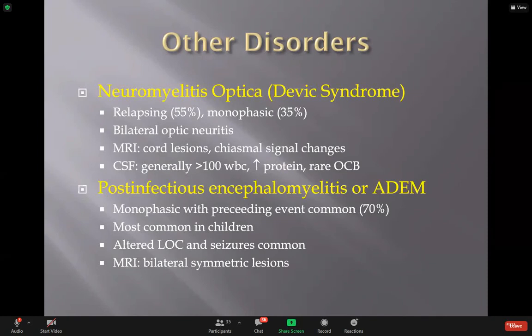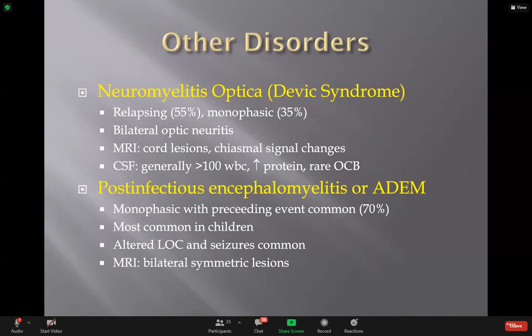So basically, if you hear somebody with optic nerve and chiasm involvement, followed by cervical cord lesions, with a normal brain MRI, you think of neuromyelitis optica, right? CSF usually might have a bit of high white blood cells, but not always consistent. Protein might be a little bit high, and you may rarely see some oligoclonal bands.